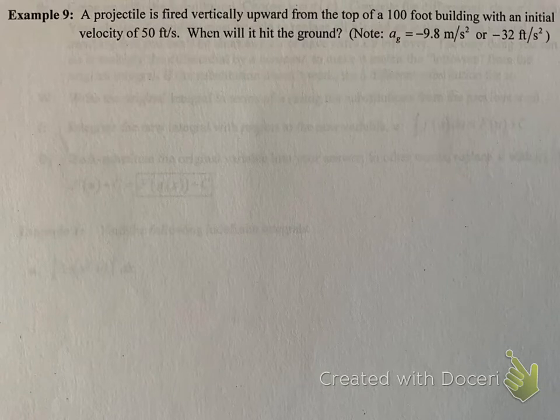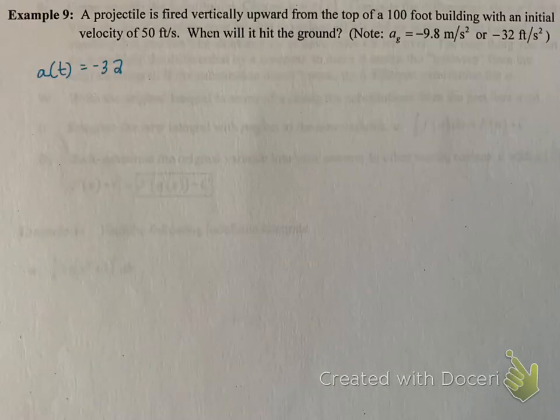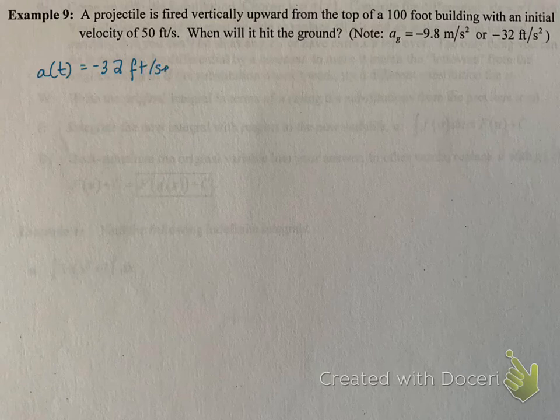I know the acceleration at time t is given to me. It's negative 32 feet per second squared. And I got that from right here, okay?